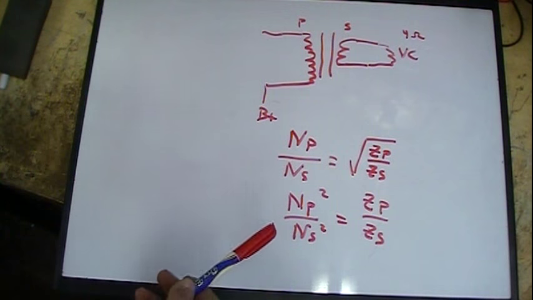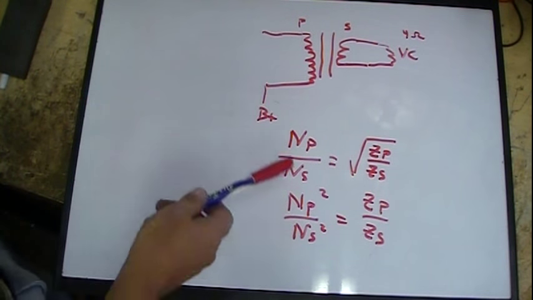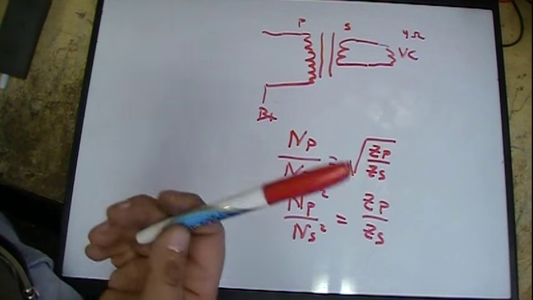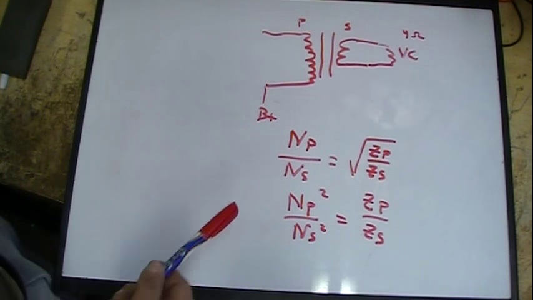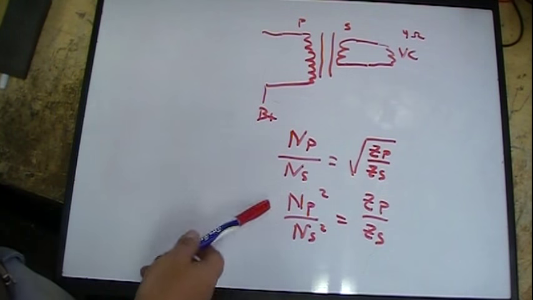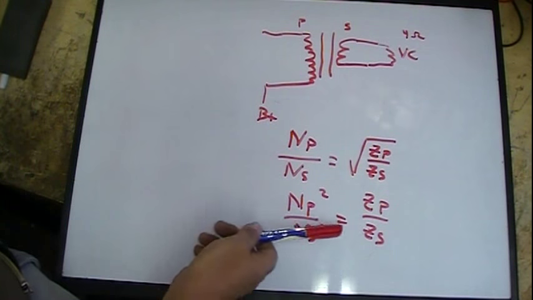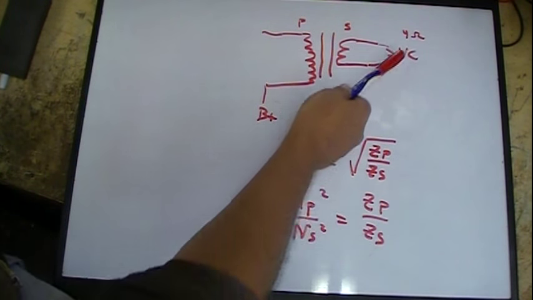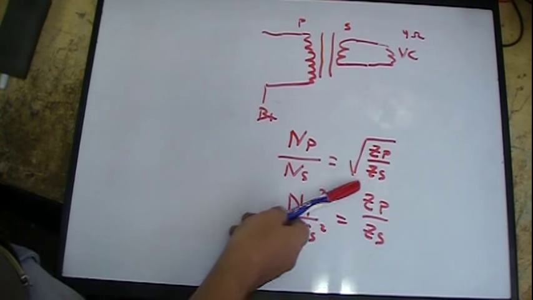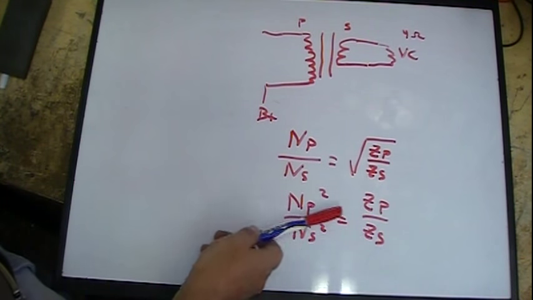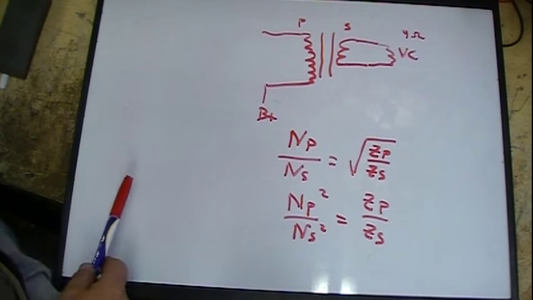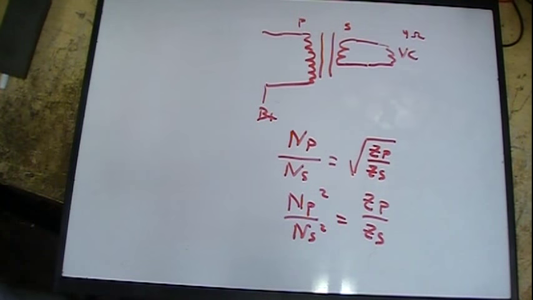So if you were trying to find a transformer and you only knew the turns ratio, or you were ordering by turns ratio or whatever, you could take what you know, I need 4 ohms, I know what I need here, and you could actually work it out by just using this formula.